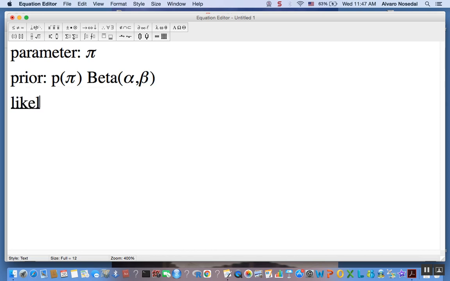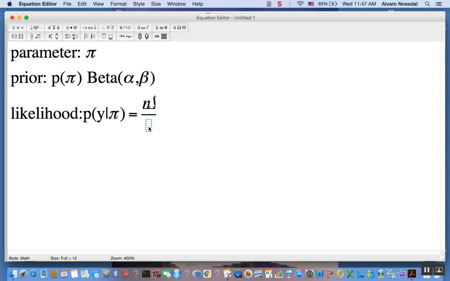Then we need our likelihood. We know that's going to be the conditional distribution of observing y given a particular value of our parameter pi. So in this case, it's going to be binomial. Let me write that down here.